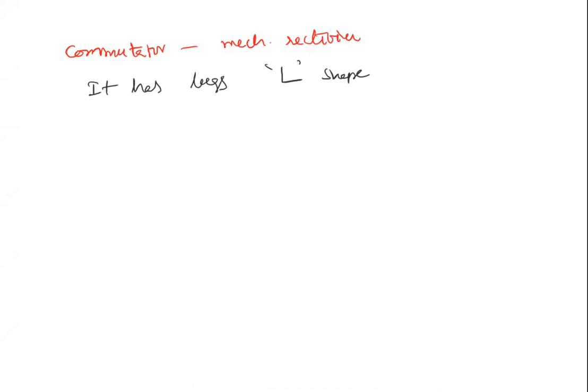They are all connected so that they form a commutator. So if this is the armature and this is the shaft, over this you will have a commutator. So this is a commutator.